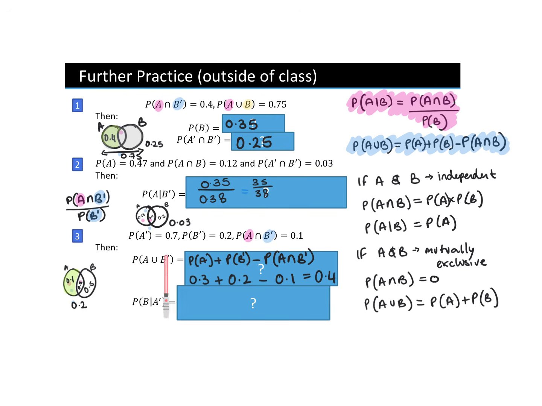And just so you know, the probability of A is 1 minus the probability of not A. Sorry, made a slight error.